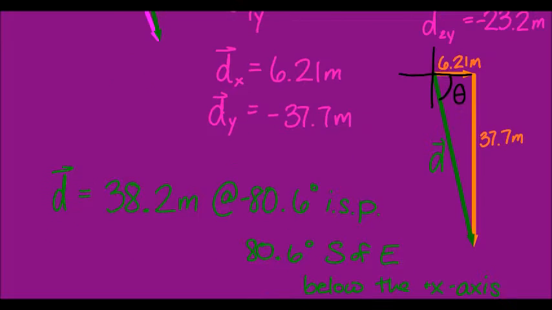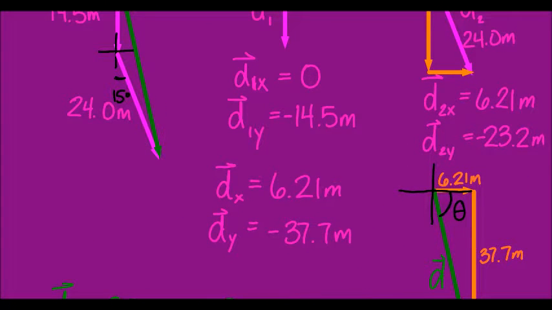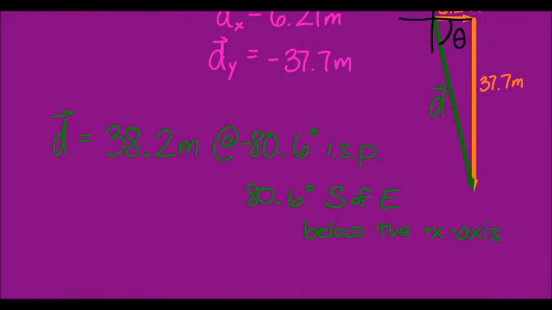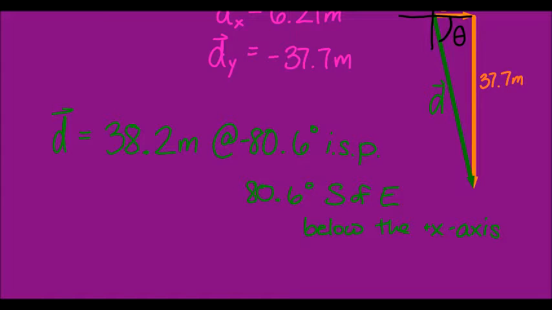You could also potentially solve for the other angle, depending on how you drew your diagram. So it's possible that instead of 80.6 degrees, you had found 9.4 degrees. If that were the case, it would be east of south or to the right of the negative y-axis.